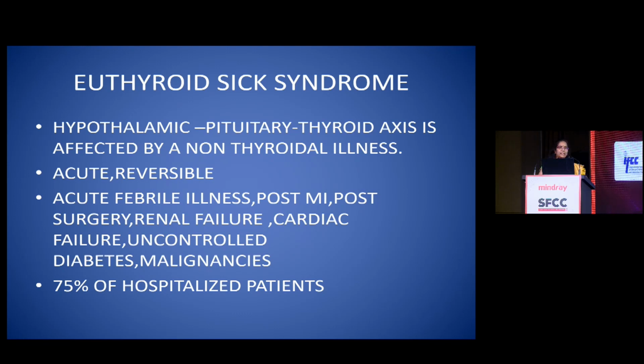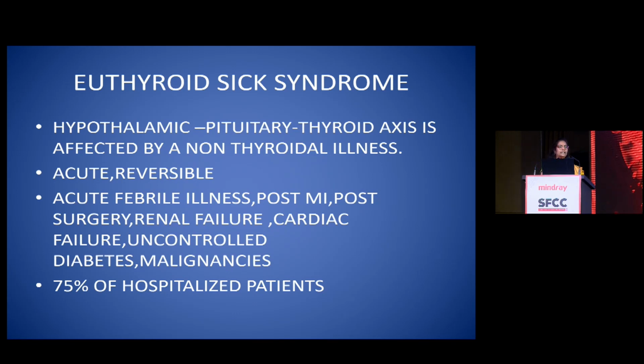And coming to this unique entity, euthyroid sick syndrome, the hypothalamic pituitary thyroid axis is affected by non-thyroidal illness. It is acute and it is reversible. In acute febrile illness, post-myocardial infarction, post-surgery, renal failure, cardiac failure, uncontrolled diabetes, malignancies, we can see this euthyroid sick syndrome where there is no thyroid illness.